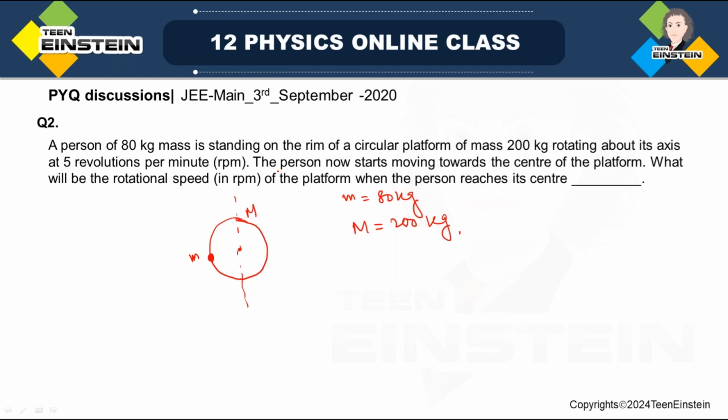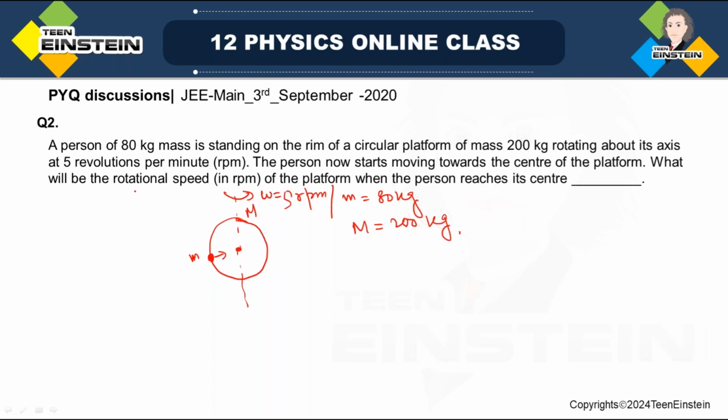So the question is, it is moving with this man at the rim with angular speed 5 rpm, revolutions per minute. The person now starts moving towards the center of the platform. Now this man starts moving this way towards the center.